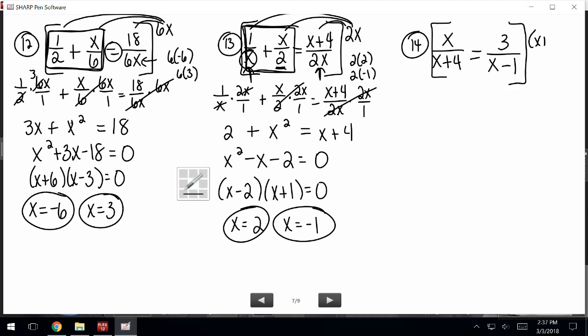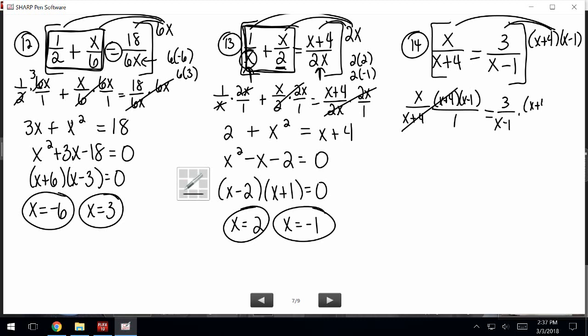So you could either multiply it by x plus 4, x minus 1. And that leaves you with x times x minus 1 equals 3 times x plus 4, which if you cross multiply, then that just means you got to skip that first step and go straight there, okay?